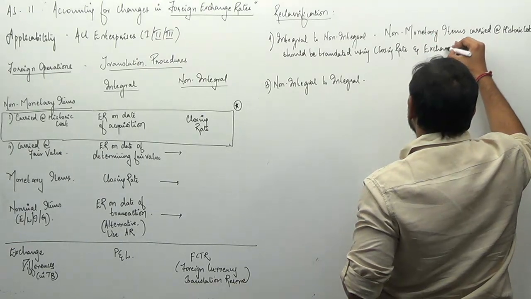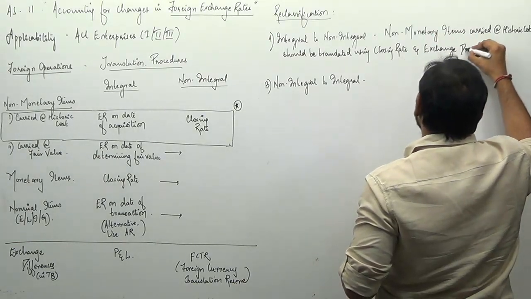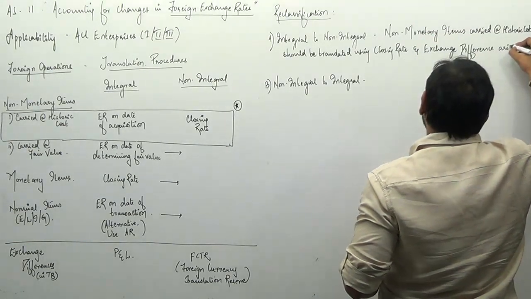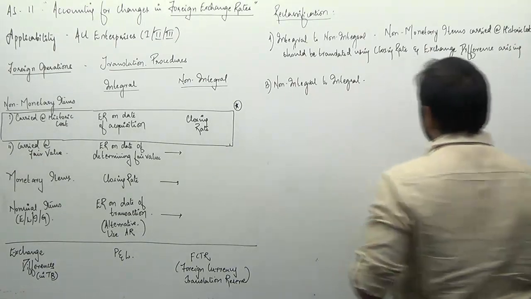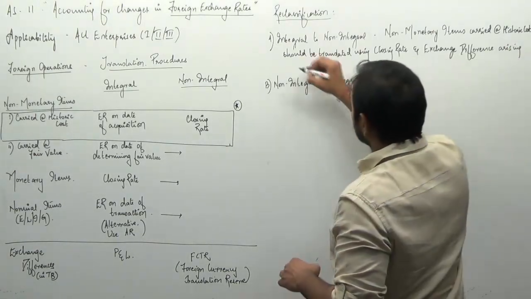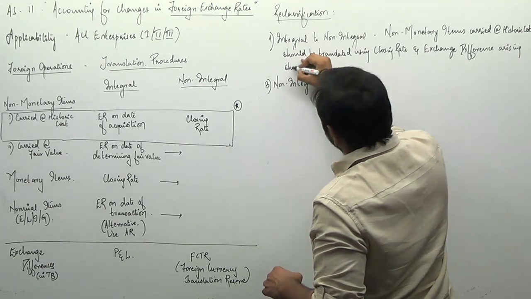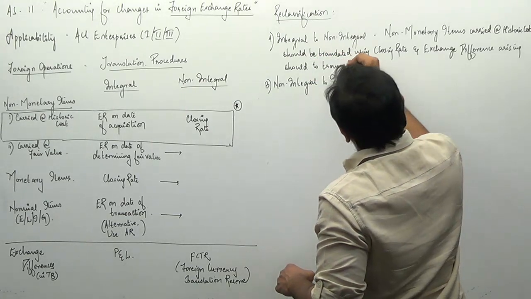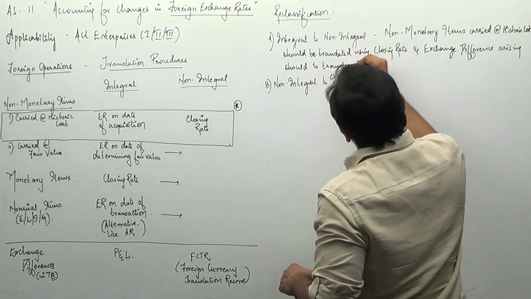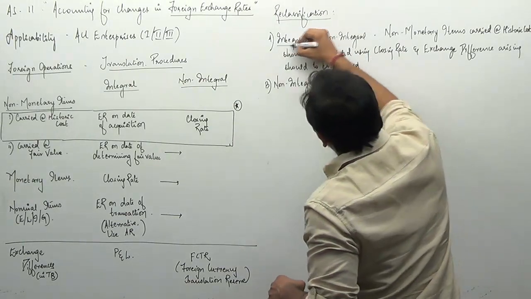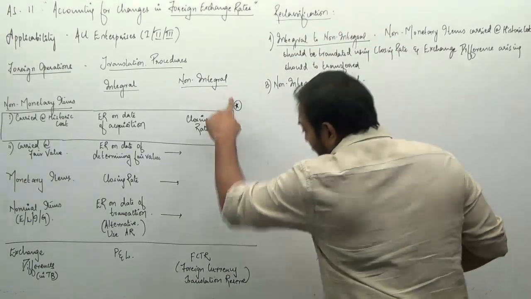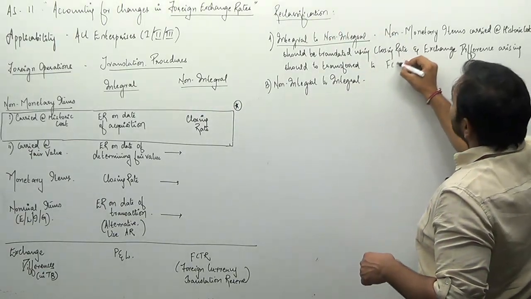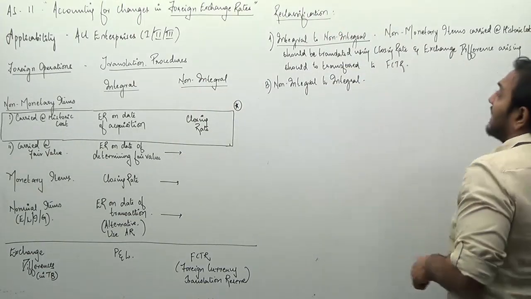And exchange differences arising should be transferred to, what is it now? It is a non-integral operation today. Integral became non-integral, so exchange differences should be transferred to the FCTR account, foreign currency translation reserve account.